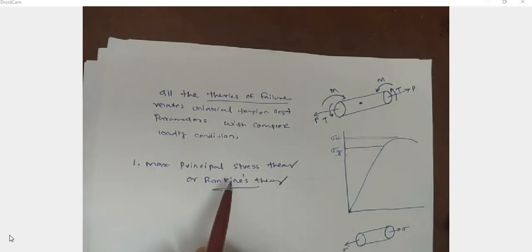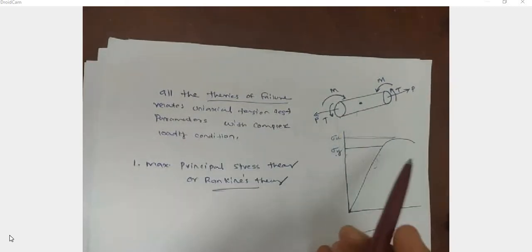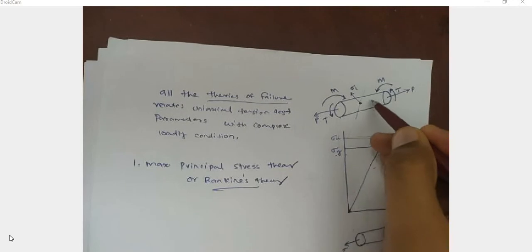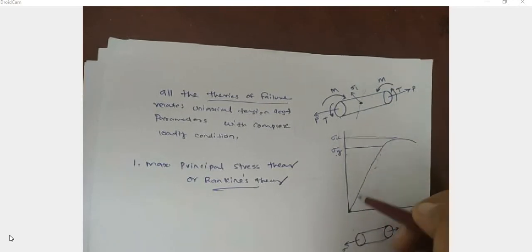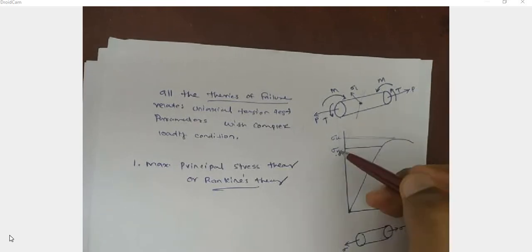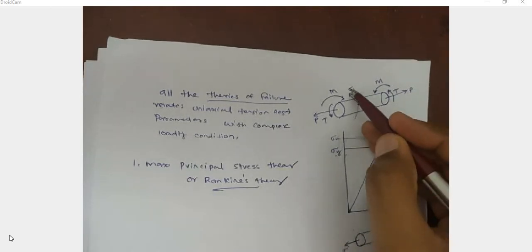So here, by using this theory, we relate these two parameters. If you take any plane, that is the principal plane, there will be a principal stress, for example sigma 1. If you take the material of the shaft and plot a stress strain diagram after conducting the uniaxial tension test, we get sigma y and sigma u, and we relate sigma y with sigma 1.